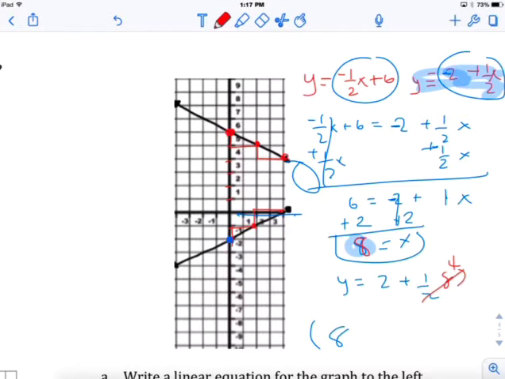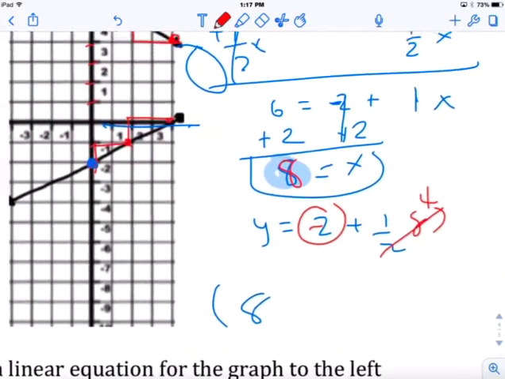Starting at 6. That's a negative 2. That's 1. That's 8. Oh, because it's a minus 2. See, I copied wrong each time.